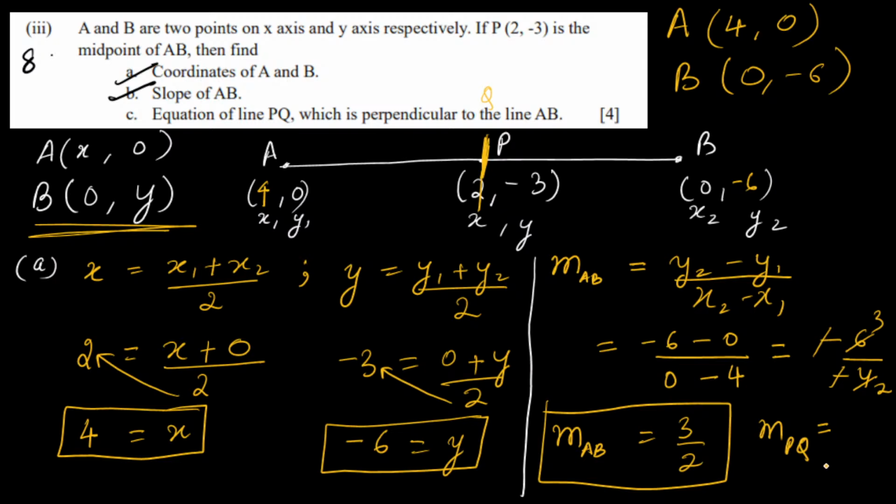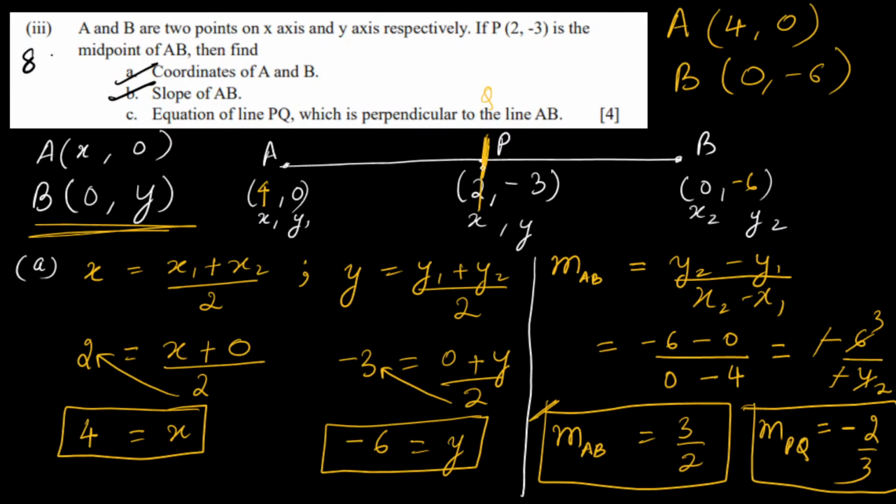Because for finding the equation we should know the slope. Yes, minus 2 by 3. So it will be the negative reciprocal. The slope of AB is positive, which means the slope of PQ will be negative. 3 by 2's reciprocal is 2 by 3. So we got the slope of PQ: negative 2 by 3.